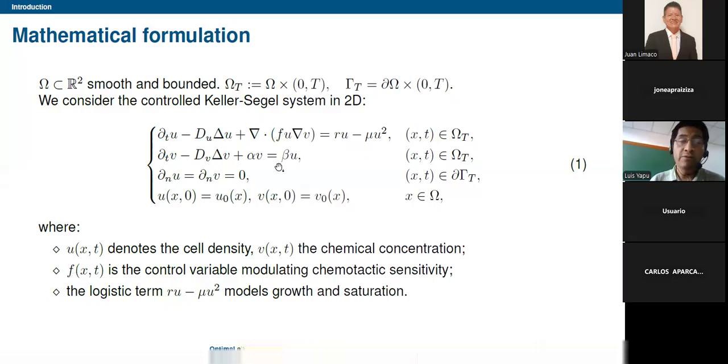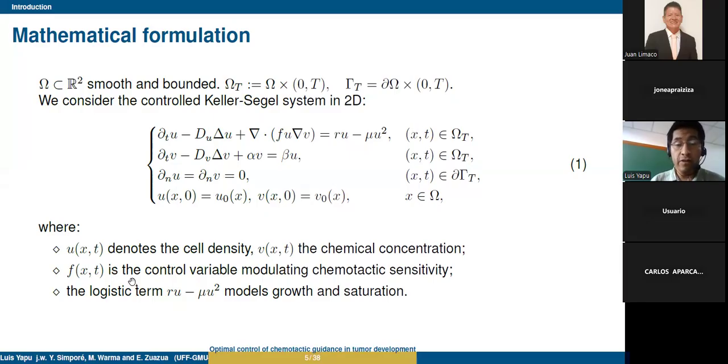And now we will add a function f, which is here, and it will be our control variable. So we will try to modulate and control using that function. So this is, let's say, the novelty of this work.